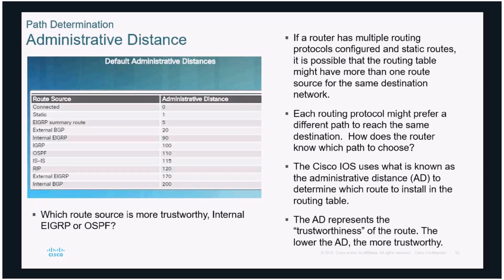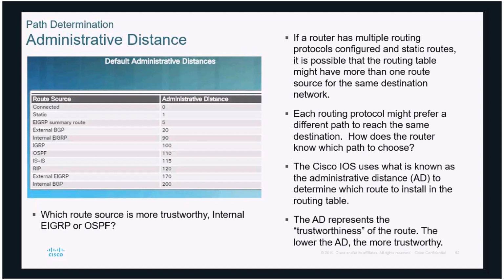If you've got multiple protocols configured and statics, your routing table might have more than one route source for the same destination network. You might have many ways to get to the same place, so it's got to choose, and each protocol prefers a different path. How does it know which path to choose? Cisco IOS uses something called AD, admin distance, to determine the route.